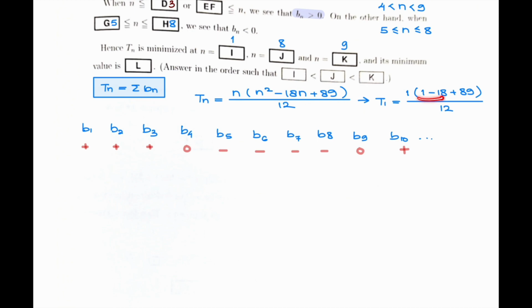Negative 17, 18 minus 17, you will obtain 72. 72 divided by 12, then the minimum value is 6. So the answer for letter L is 6.